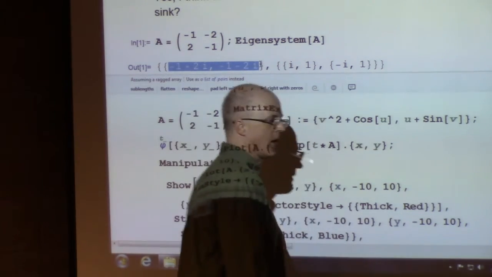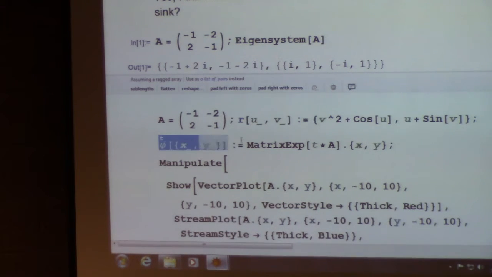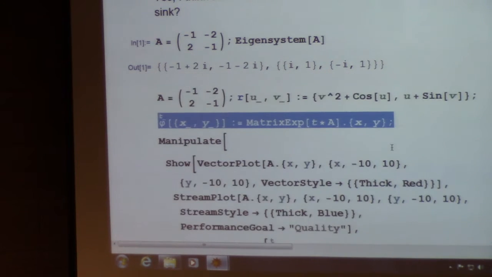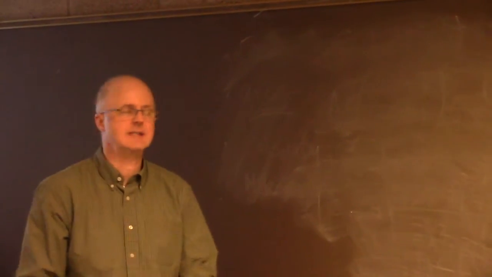Okay. Anyway, so notice down here, though, now that I'm using the matrix exponential, really to define the flow. How do we write this by hand, and how do we think about it by hand? This is not completely standard. This is just the way I'm having you do it. It's fairly standard.